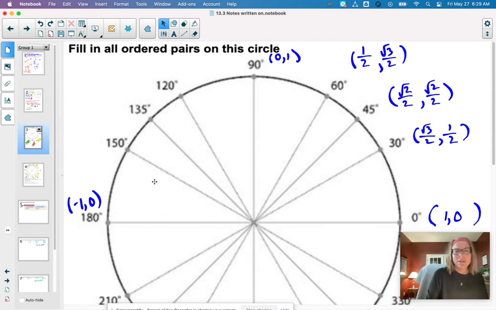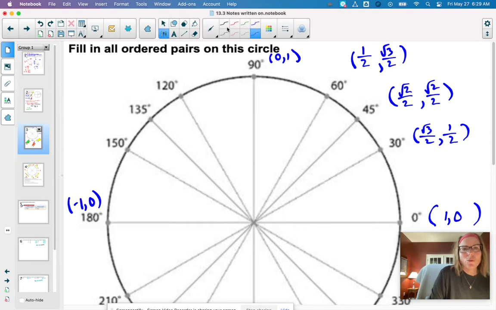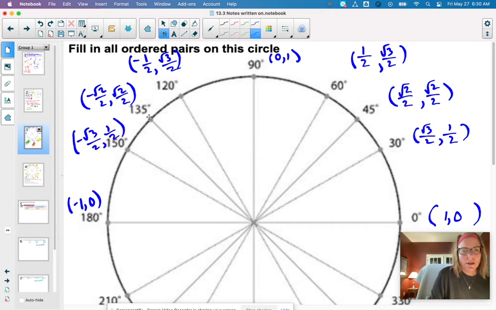So watch what happens. So 120 degrees now goes with this one. Instead of a positive 1/2, we're going to go to the left 1/2 and up. We're going to go to the left root 2 over 2 and up. And we're going to go to the left root 3 over 2 and up.